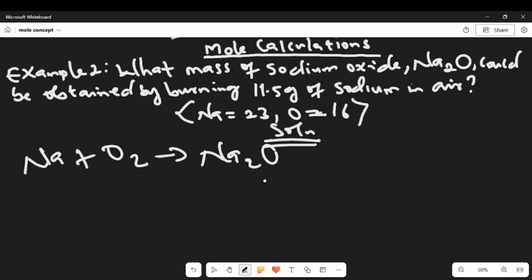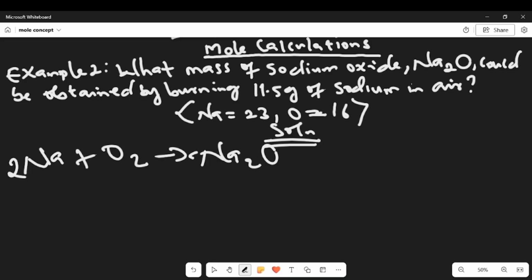The second thing I say you should do is to balance your equation. To balance, you have to look at both sides, the reactant and the product sides. Sodium at the left-hand side is just one atom, but here is two atoms. So you have to add 2 here to make it 2 atoms, 2 atoms. Then that of oxygen is 2, here is 1.